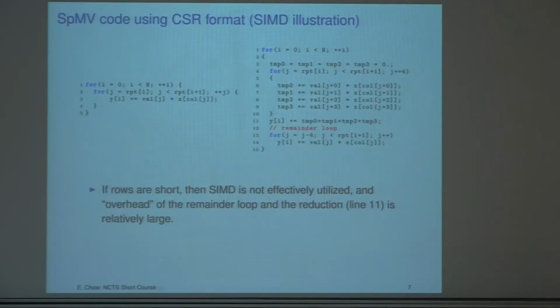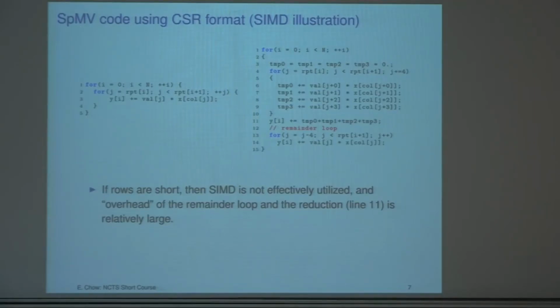Now, if we wanted to do 4 operations at once, the compiler is expected to do this for you automatically, but conceptually, this is what happens. Here we have the loop over the entries in a row, but instead of doing 1 multiplication and accumulate at a time, we're going to do 4 at a time.